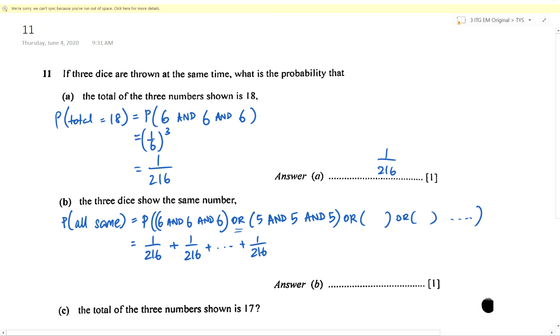It could be 666, 555, 444, so on and so forth. We have a total of 6 possibilities. So in summary, we're going to multiply this by 6, resulting in 1 over 36. So chances of this happening is much higher. Out of 36 throws, we are expecting 1 of it to show 3 dice, same number. Okay?